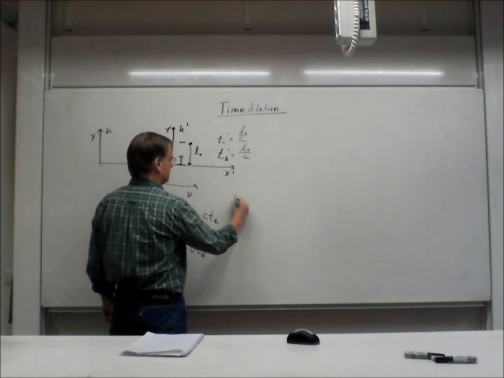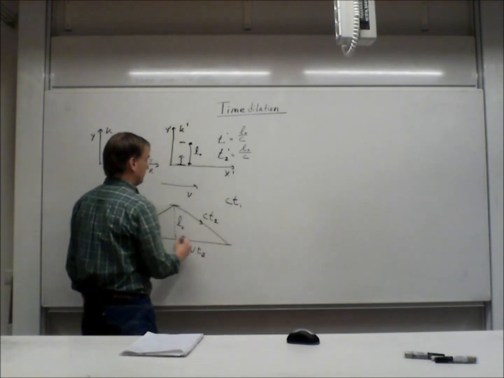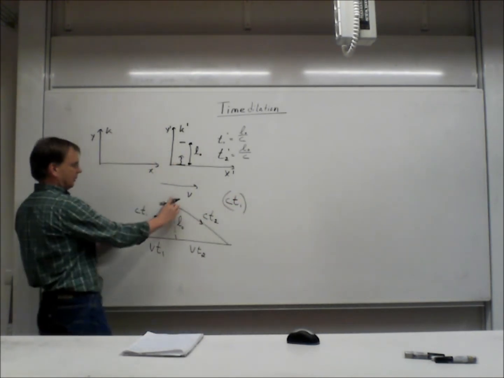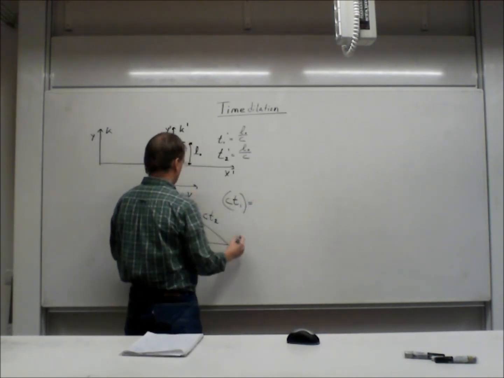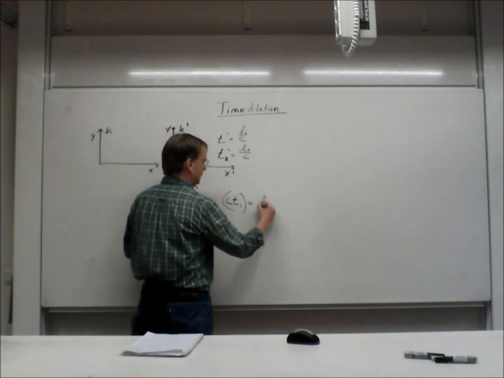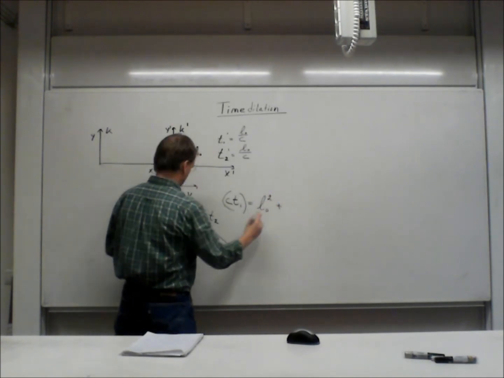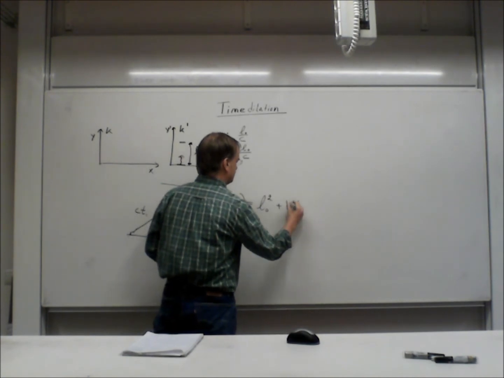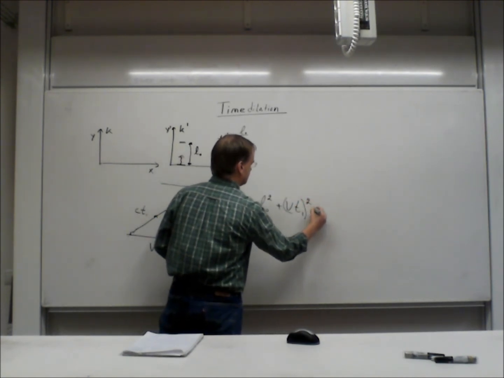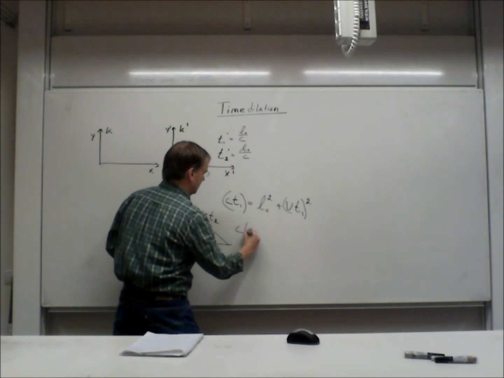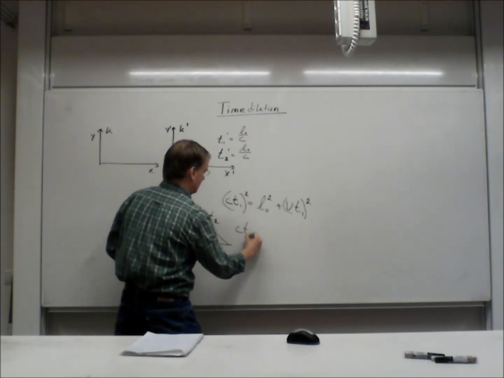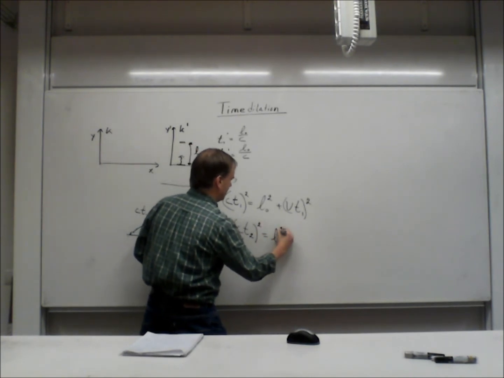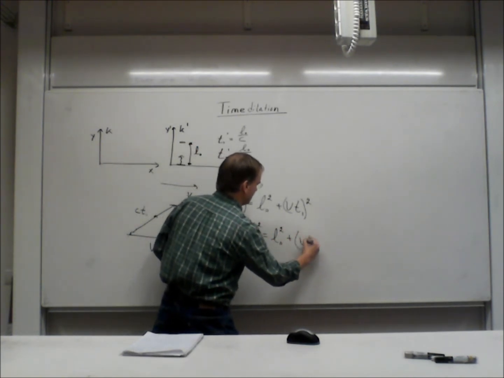So we get t1 from the Pythagorean theorem. (c t1) squared, the hypotenuse, is equal to L0 squared plus (u t1) squared. And (c t2) squared is equal to L0 squared plus (u t2) squared.